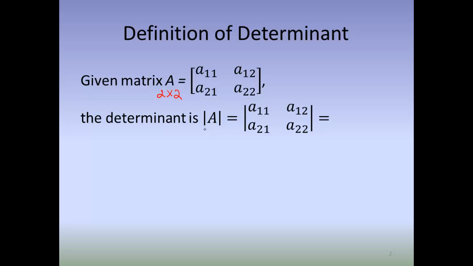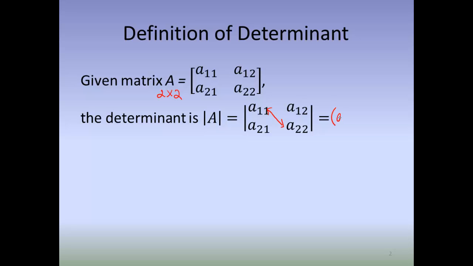The determinant is given by this symbol, absolute value bars. So when we're talking about matrices, when you see these absolute value bars, that means find the determinant. And the determinant is given by multiplying these diagonals.